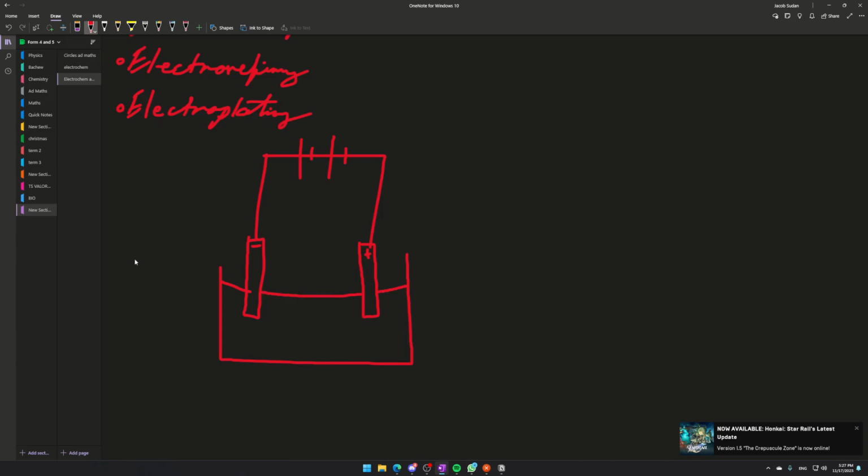How do we electrorefine? Well, it's pretty straightforward. The anode is the impure metal. The cathode is a very thin strip of the pure metal. This means that the cathode is active.